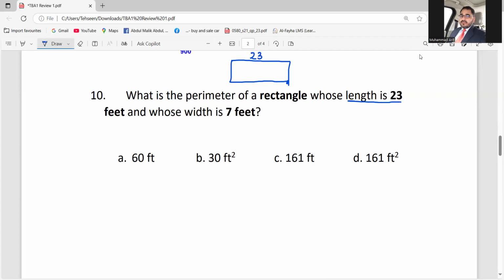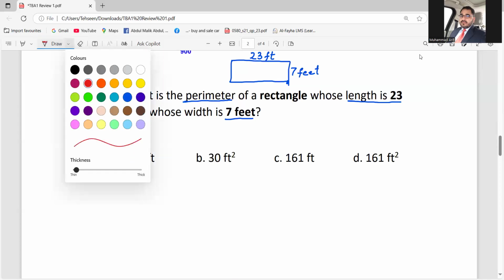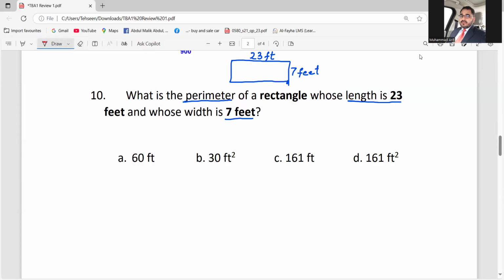And width is 7 feet. Okay, length 23 feet, width is 7 feet. We need to find the perimeter. Again, here is perimeter. Perimeter is the length of the boundary line. As in the boundary, there are 4 sides.